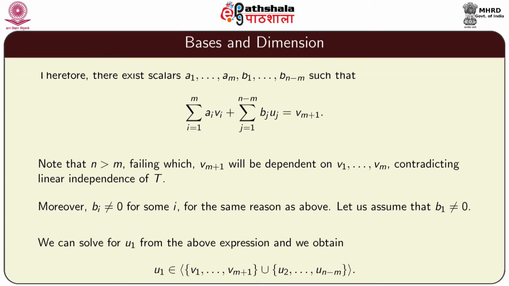What are the other vectors? They are v1, v2 and so on up to v(m+1), the elements of T, and u2, u3 and so on up to u(n minus m). Therefore, u1 is in the span of these vectors v1 to v(m+1) and u2 to u(n minus m).